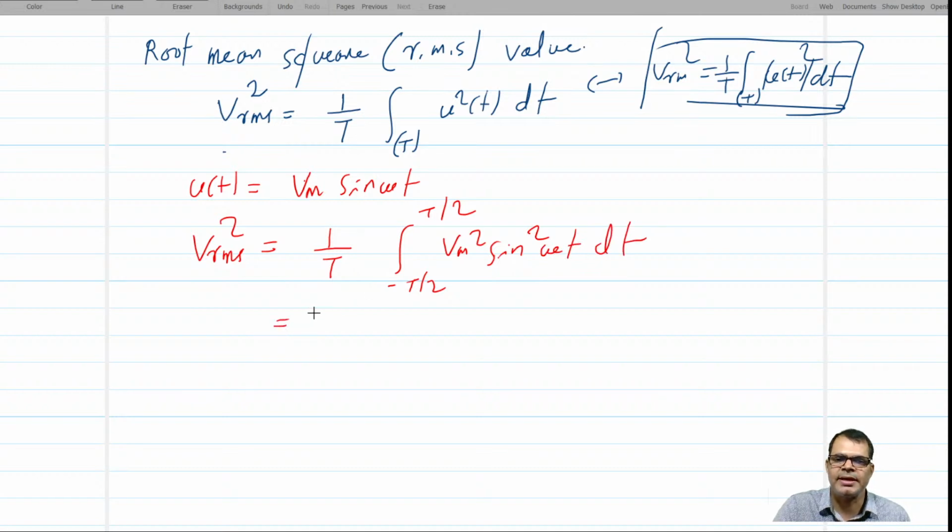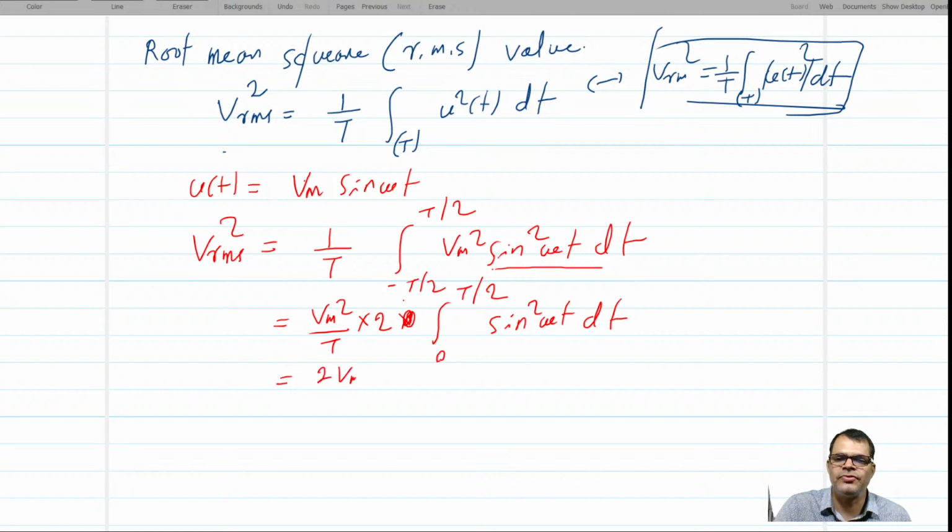So we can take out Vm square, then see here, sin square omega t is an even signal, so I can write multiply 2 and integration from 0 to T by 2 of sin square omega t dt.